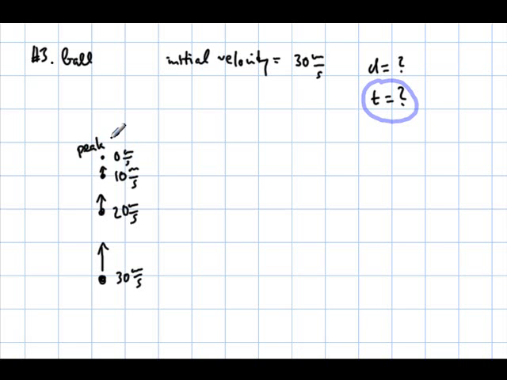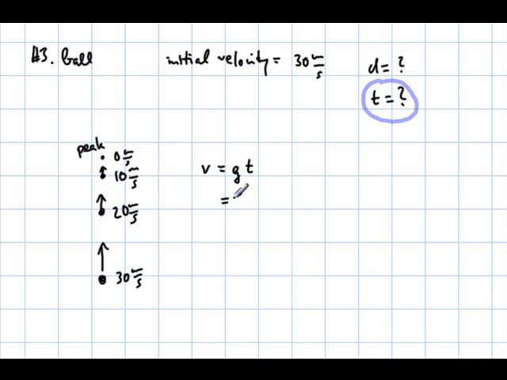so I call this here the peak. Now putting that into an equation would be that v, the velocity, equals gravity times time, and on the way down it would do the same thing: 0, 10, 20, 30.